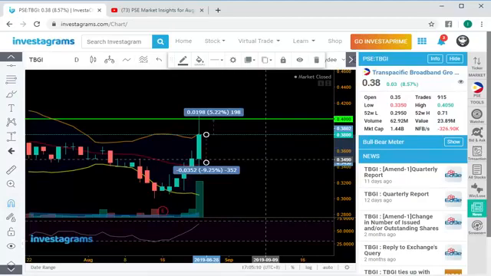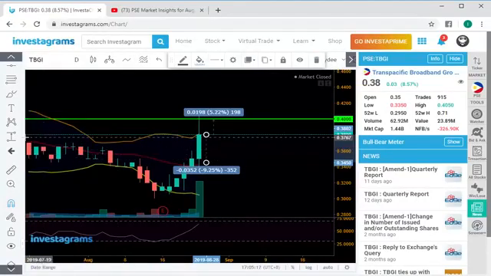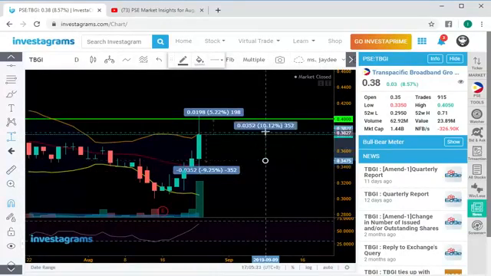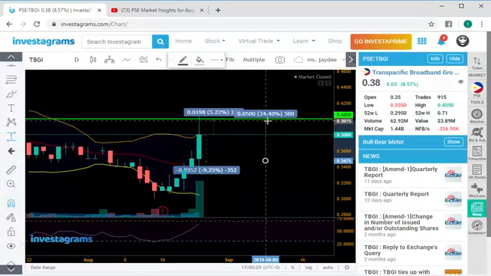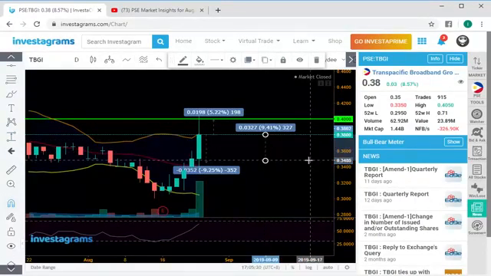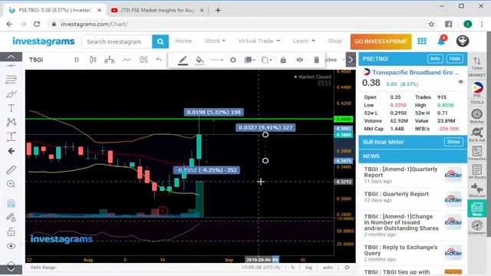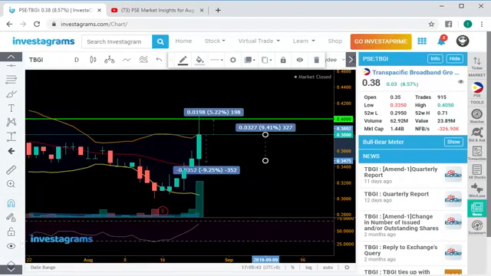Now, if I am to play this, I will have to wait near the MA20 line. In that way, if I put this, okay, let's say I enter here, and then let's say, even just up to here, a 9.41% possible profit, and then I just allot a 3 to 5% stop loss area around this level, then your risk to reward ratio is better compared to this type of setup.